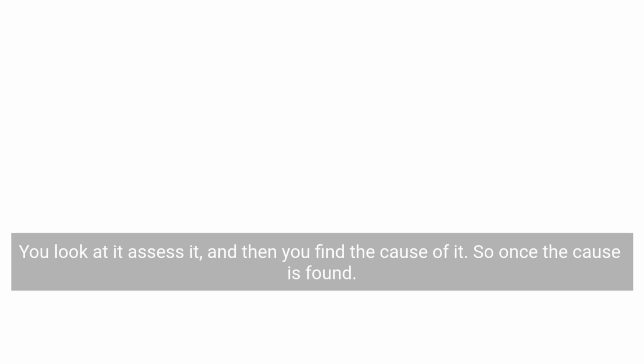People will say that diagnosis is like detective work. You find the evidence: the patient comes in with signs and symptoms, you look at it, assess it, and then you find the cause of it. Once the cause is located, then you can give the treatment to fix the problem, fix the cause.